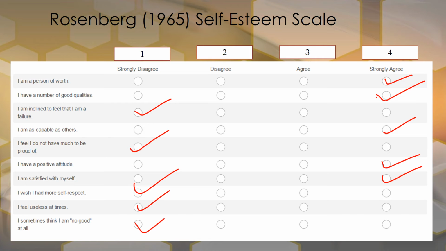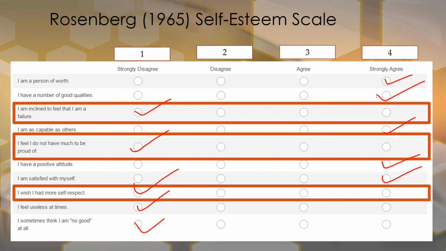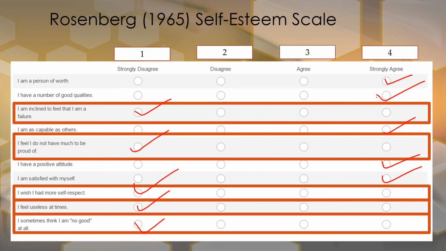And there's actually a couple of them, or more than a couple in here. So this one is this one, this one, this one, and this one. So all of these, the ones that we said someone who has high self-esteem would strongly disagree with, would be what are called reversed scored items.